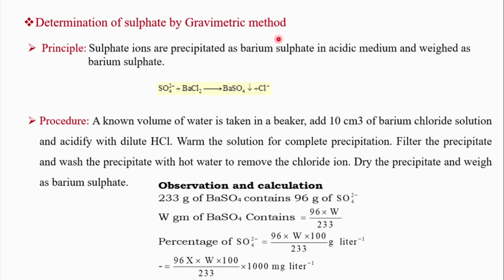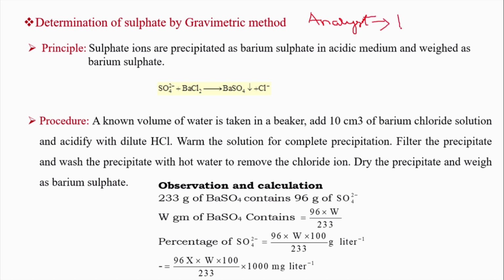What does gravimetric method mean? Sometimes the analyte, the test substance, will be converted to a precipitate, and the weight of the precipitate is taken. Using the formula, it is possible to quantify that particular substance present in a solution.